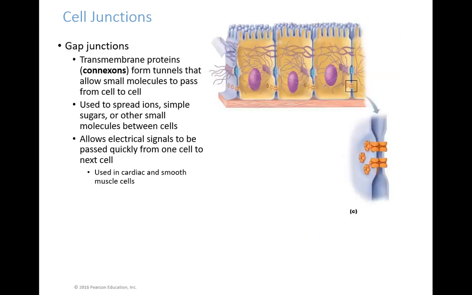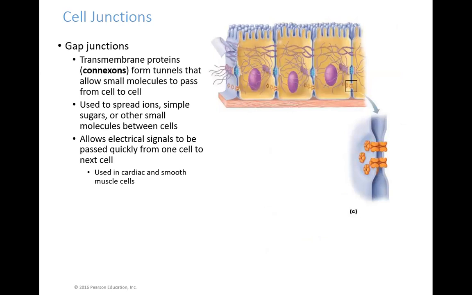And the third type are the gap junctions. Gap junctions are holes in the membrane that line up with each other. They're just like little holes or gaps, if you will. Adjacent cells use those gaps to send nerve signals or chemical signals, but mostly nerve signals from cell to cell.